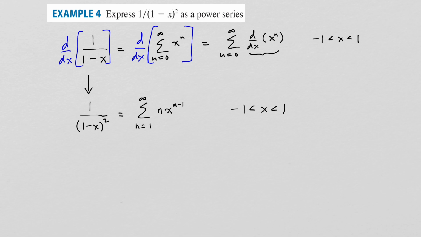The only thing that might change is that you might include an endpoint where an endpoint wasn't included before. So you might have to test your endpoints to see if they are also a part of that interval of convergence. In this case, I will save you the time there and tell you that if you plug in -1 or +1 here, it is going to diverge, and so we don't have to check our endpoints here.